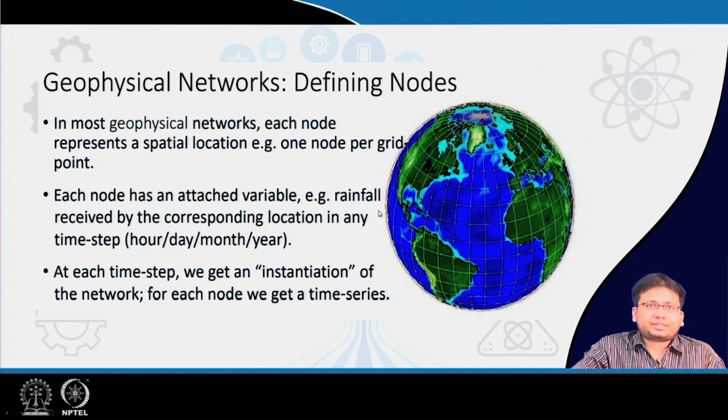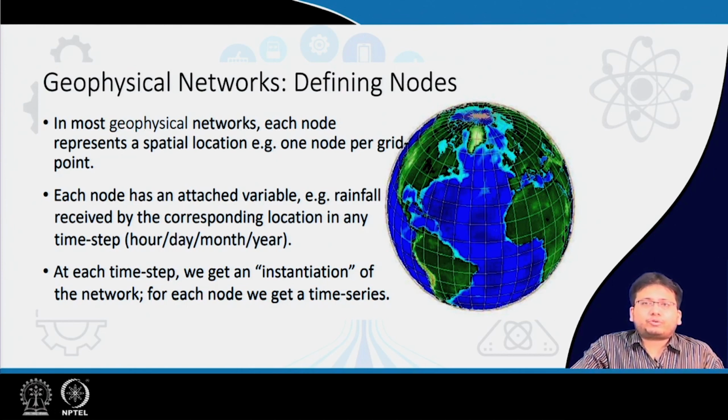At each time step we get an instantiation of the network, that means at any point of time, all of these nodes have a particular value, which is the value of the geophysical variable of interest in different parts of the world. So, we say that it is an instantiation of a network where each node has some value of its own. We can also call it a snapshot of the network.